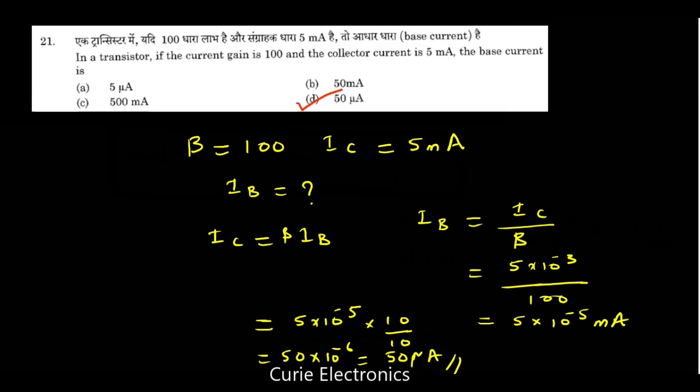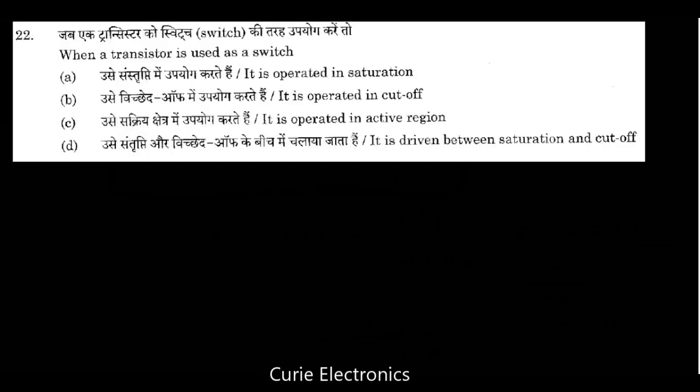When a transistor is used as a switch, let me draw the diagram, right? This is our RC resistor. Now, if you apply an input signal, low and high, let this be 5 volt.